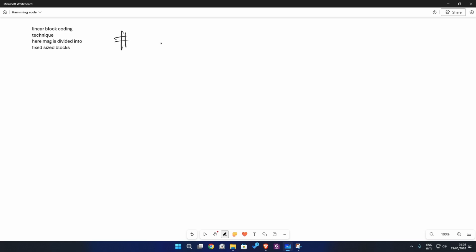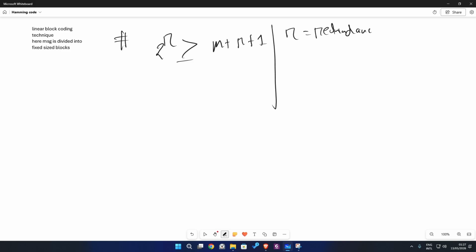At first, we have to remember a small formula here, which is 2 to the power r is greater than or equal to m plus r plus 1. So what do they mean? Here r is the redundancy bits, and m is the data bits or the data words.